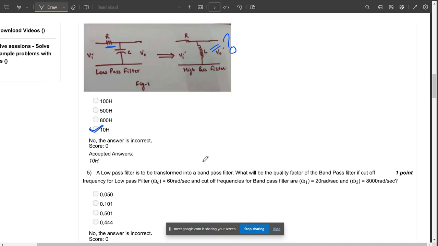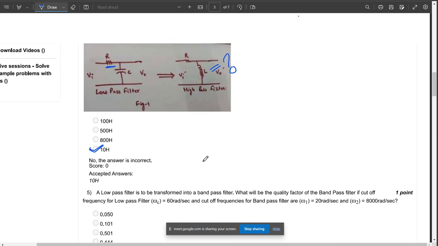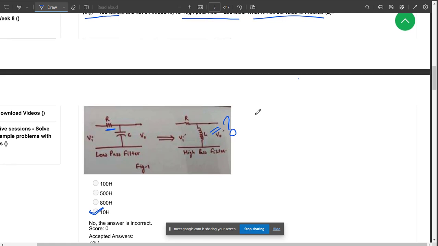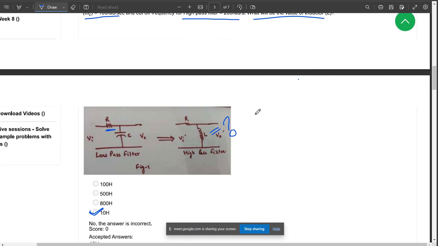Ma'am, but I have a question. How to remember this formula? Solve it actually. It's not a big deal. You can solve these questions by yourself. But if you go for exams like PSC or GATE, there you need to remember these kinds of formulas.